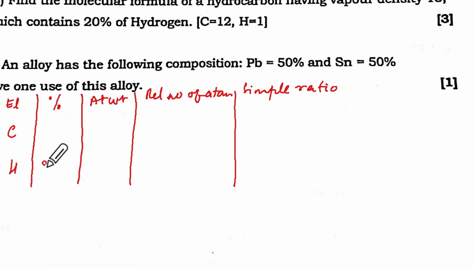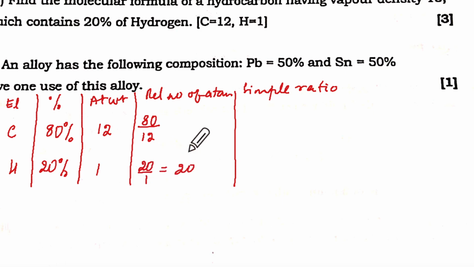If it's hydrocarbon, it will have carbon and hydrogen. If it has 20% hydrogen, 80% of it is carbon. You know that carbon is atomic weight 12, hydrogen is 1. Relative atoms will be 80 upon 12, and here it will be 20 upon 1, which is 20. Now can you see over here, 4 will divide both of these and it will give me 20 upon 3.